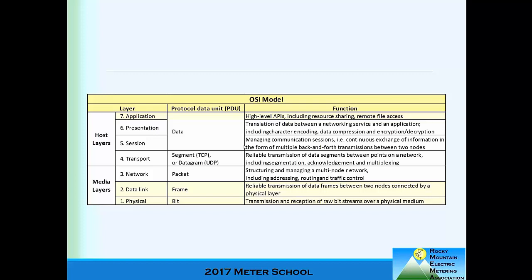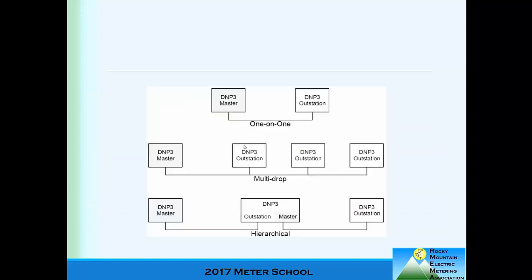But for people with that kind of a background, you want to categorize DNP as essentially being, some people call it a 2-layer protocol, some people call it a 3-layer protocol, but basically you've got the data link layer and the application layer, and everything else is either understood or it's taken care of by the TCP/IP stack. So I'm not going to say very much about what distinguishes the different layers, but for people with that kind of a background, these are the only layers that are defined by the DNP standard.